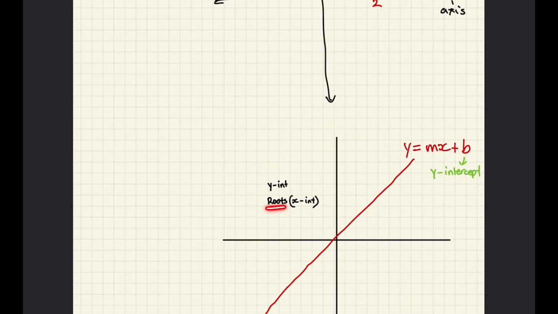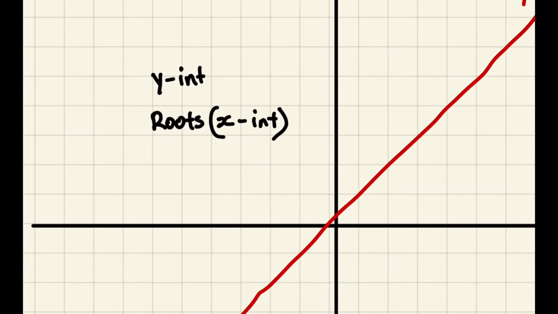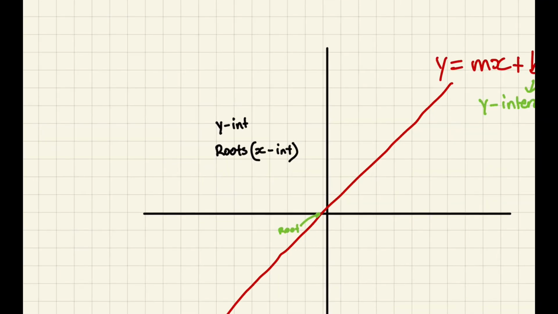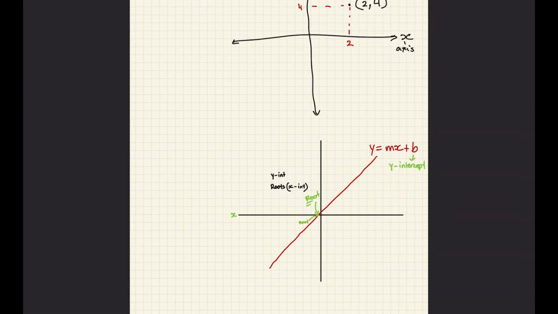Now, what is a root? A root is where the line crosses the x-axis. So that's our root. So if this is our x-axis, then it crosses the line there. That's our root. We can calculate the roots by making y equal to 0.